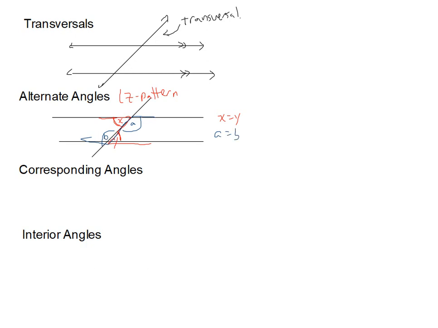All right, let's move on now to corresponding angles. Again, we're going to draw our parallel lines and our transversal. Corresponding angles are angles that, for lack of a better word, correspond with each other. What I mean by that is that they are on the same side of the transversal.